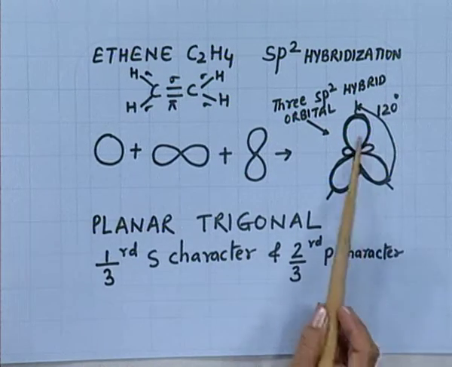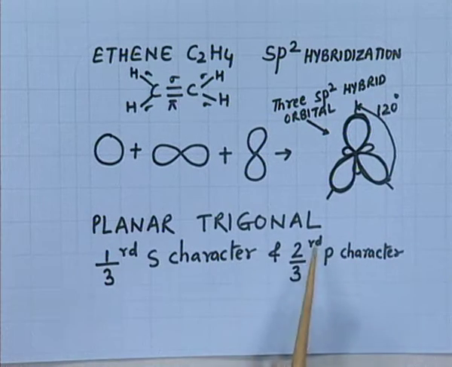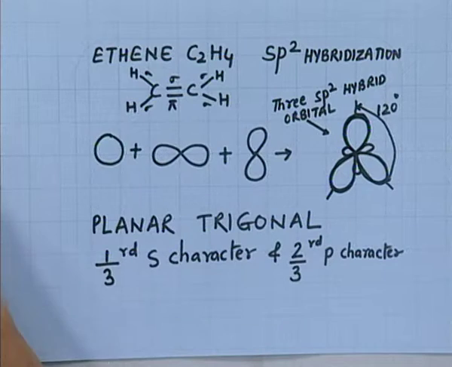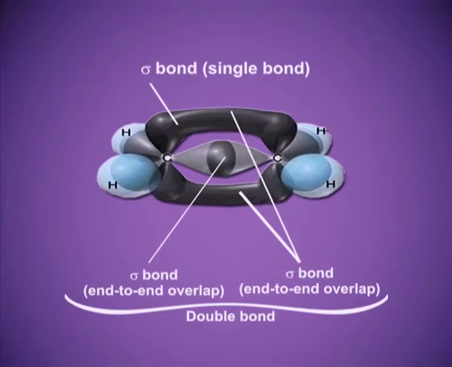These sp2 hybrid orbitals have 1/3 of s character and 2/3 of p character. Just see the orientation of the 3 sp2 hybrid orbitals. This is a 3-dimensional view of the ethene molecule.